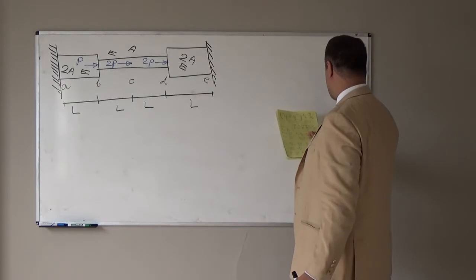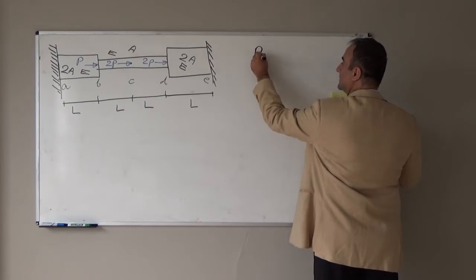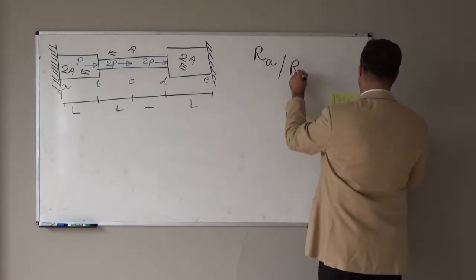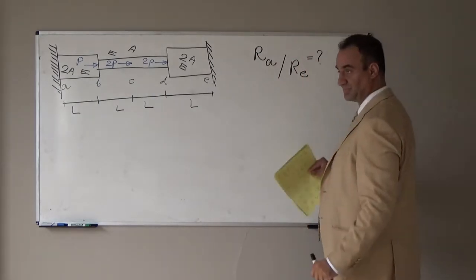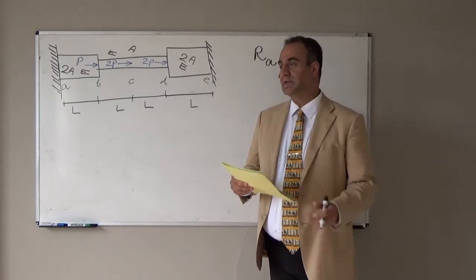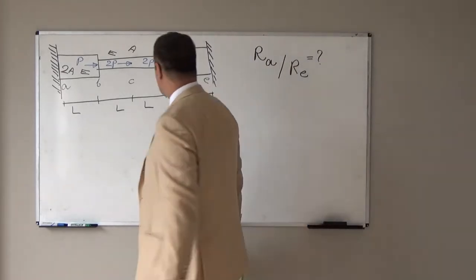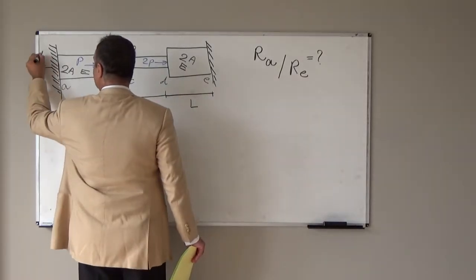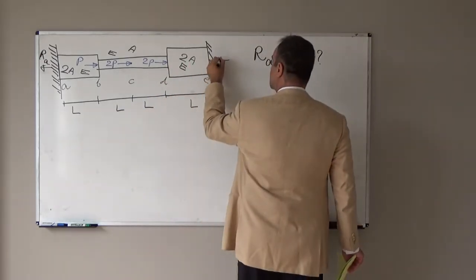We want to find the ratio of reaction at support A over reaction at support E. In order to find that ratio, we should find the reactions. If you look here, we have reaction A here and reaction E here.